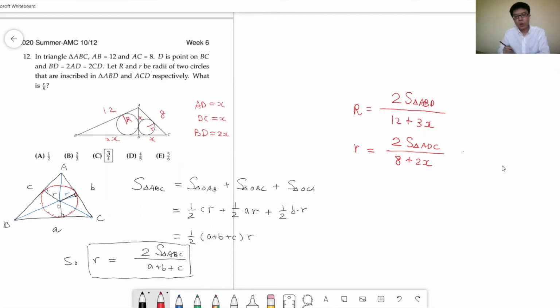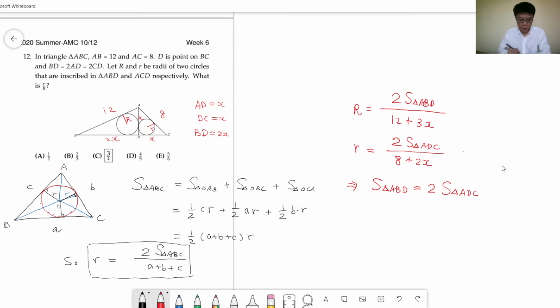All right. And we also know the relation between these two areas because triangle ABD has base BD, which is twice the base DC for triangle ADC. And they have the same height, okay, because they share the common vertex A. So we have that the area of triangle ABD is twice the area of triangle ADC.